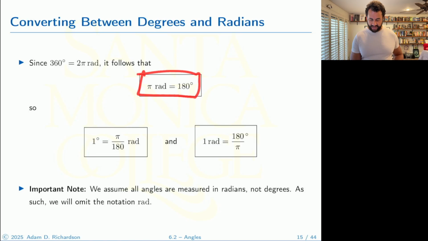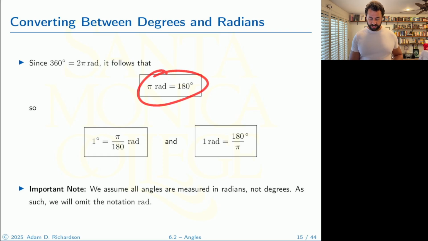Now, this is like the anchor for everything else that we're going to talk about in regard to radians, all right? So whenever you think of 180 degrees, you should also be thinking pi radians and vice versa. This is an equality. They are actually equal. You can interchange them anytime you want. It just depends on the context.